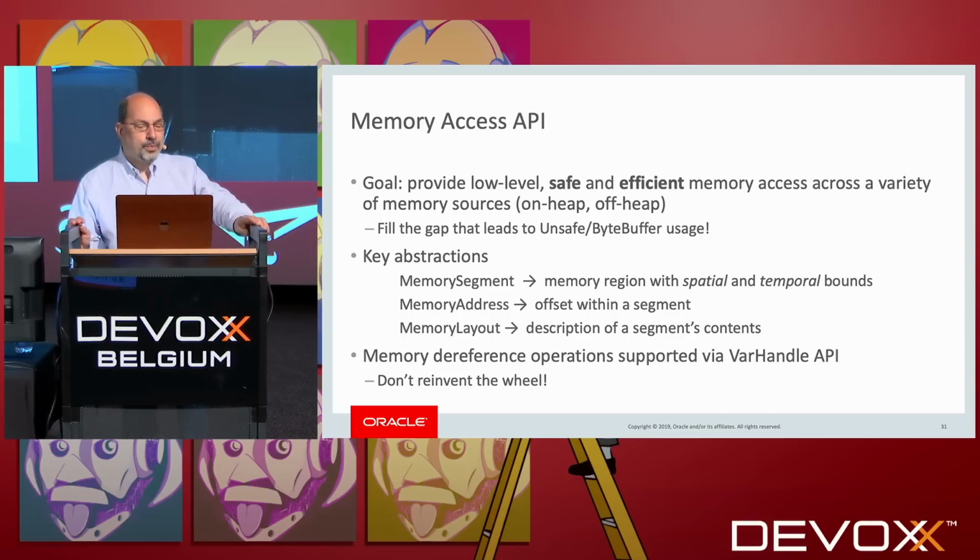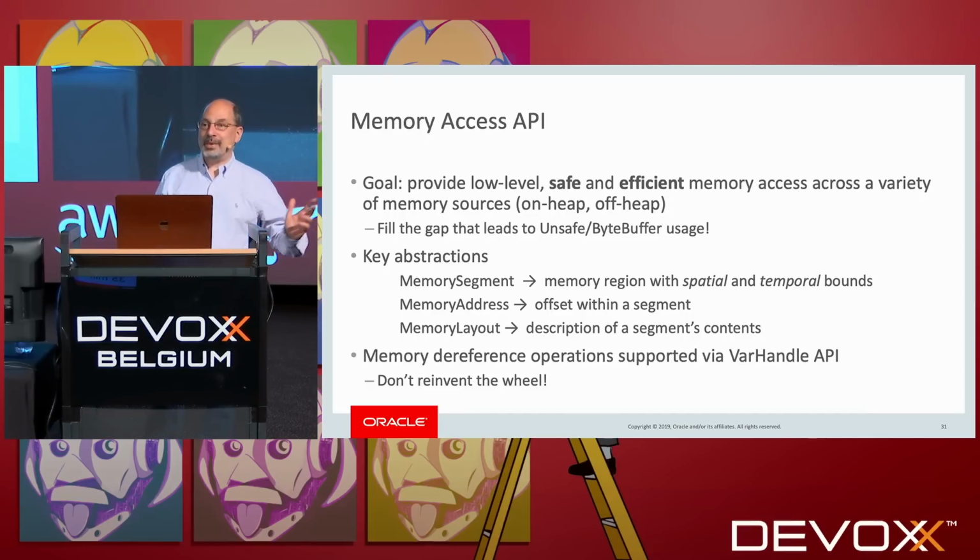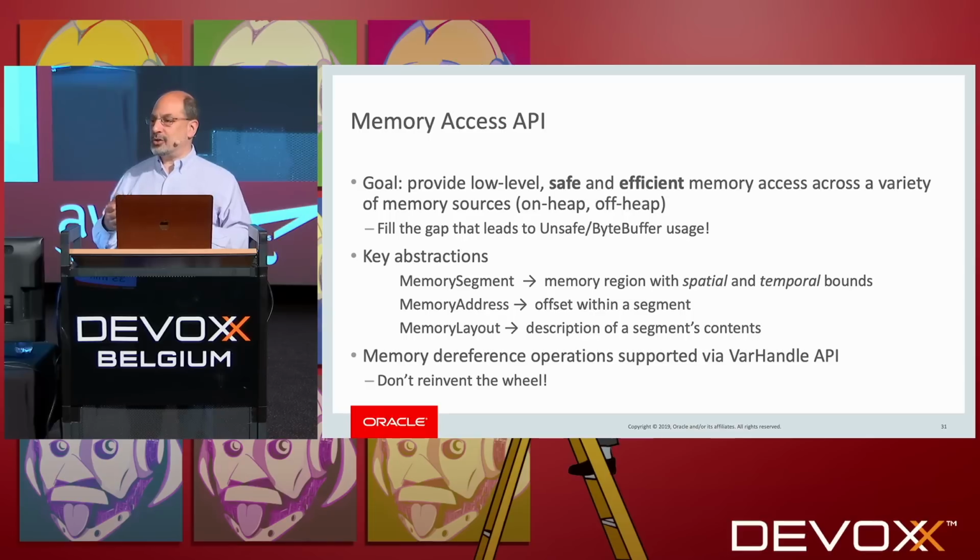Okay, so the memory access API, the goal is safe and efficient memory access. And we want it to work in all the modes that people like to use it. You should be able to access on-heap memory that's backed by just an ordinary byte array, and off-heap memory that's off in the C heap.